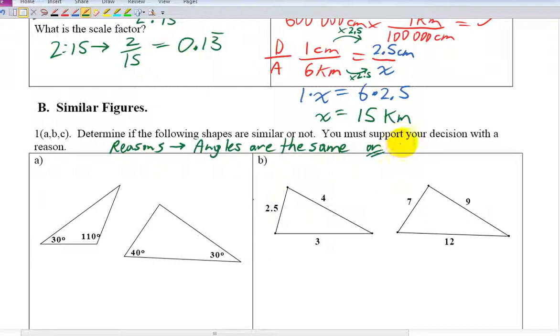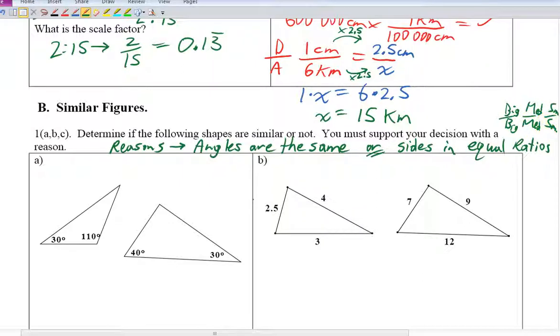Or sides in equal ratios. And make sure you line up big with big, medium with medium, small with small, so you figure out the ratios properly. Okay? So this would be big and big, medium and medium, small and small.